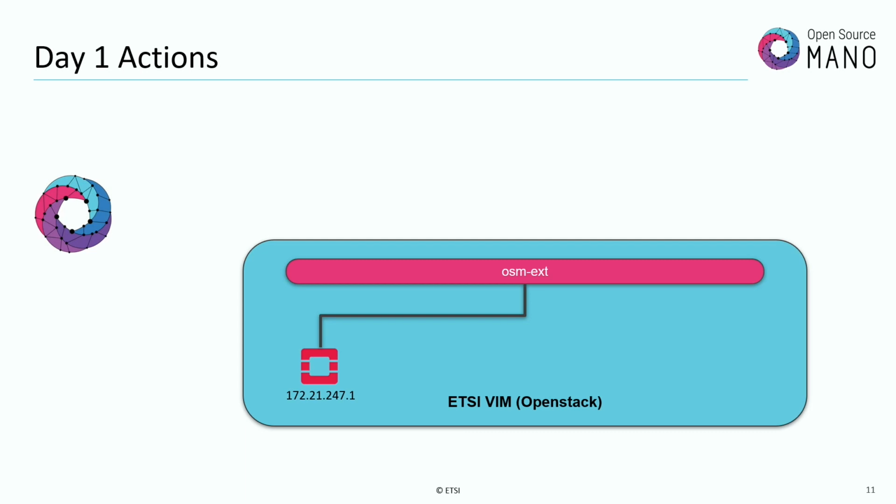You need to know these things before you can start installing software. Then comes the day one, where the VM has been launched, but we need to log into it and tell it, oh, here's an IP address of something you need to listen to, or maybe I need to do other last mile configuration, like tell it this is the network interface you should bind to, or something like that. So that's what day one is all about.